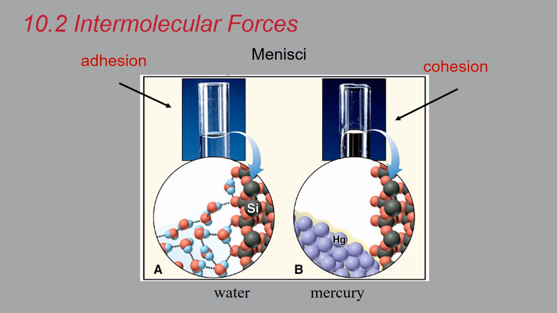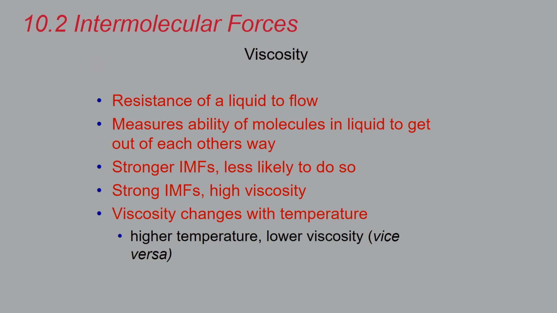All right. And one more thing to go over, and that's viscosity. So this is another thing that is a hallmark of the intermolecular forces. The definition: it is a resistance of liquid to flow. On a molecular scale, it tells you how easily the molecules in a liquid can get out of each other's way, because that's how stuff pours.